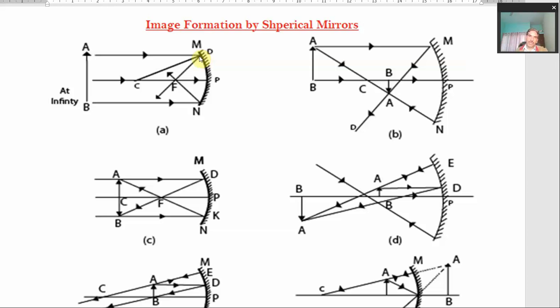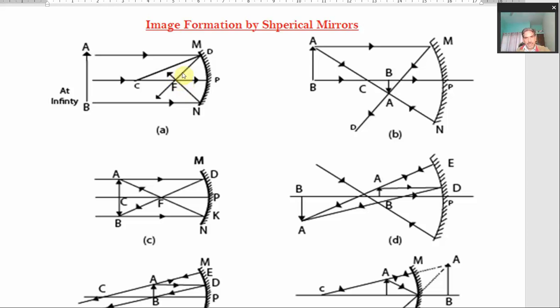So all the light rays coming from an object at infinite distance, parallel to each other or to the principal axis, after reflection from the mirror pass through the same common point lying on the principal axis. And this common point is nothing but the focus. The point where the reflected light rays meet gives the formation of the image of the distant object.